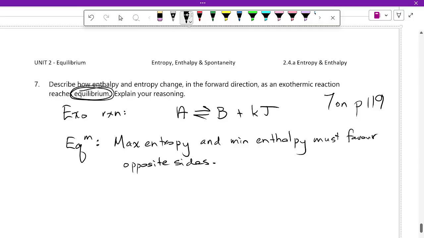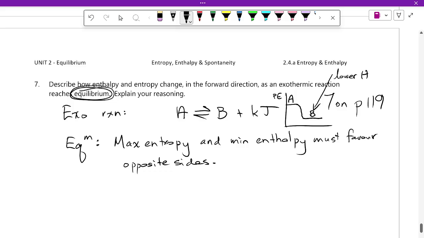Since it is exothermic, B, the products, have lower enthalpy.